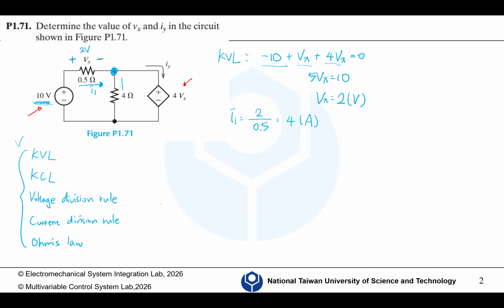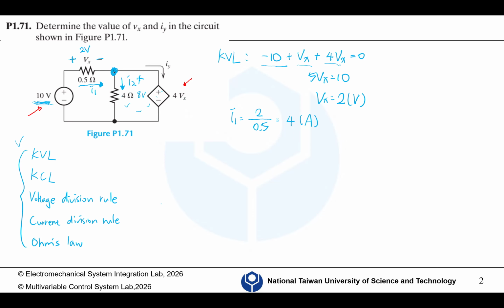Can we calculate this I2? Yes, we can. But do you know why I defined the direction of I2 as going down? Because I know these two are in parallel. So we have positive, negative for Vx. So it should be 4 times 2, which is 8 volts, right?